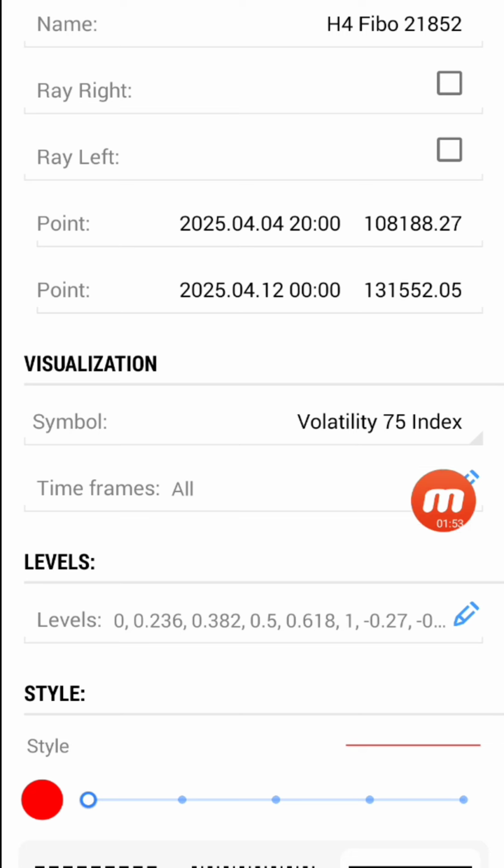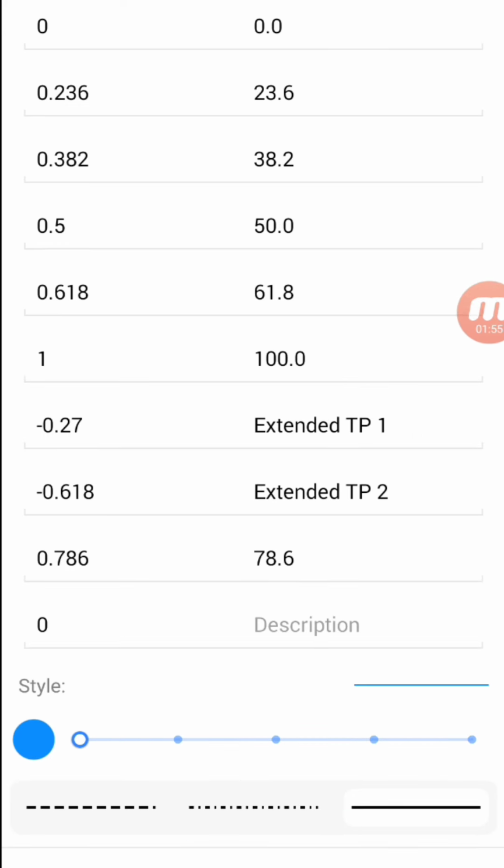So I'm going to click here and you see the entire setting. Copy it this way, set it this way. Whether you are using MT5 on mobile phone or TradingView, use this same setting and you are good to go.